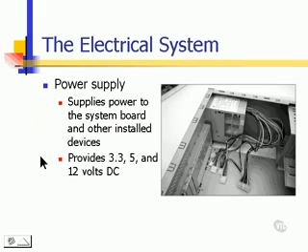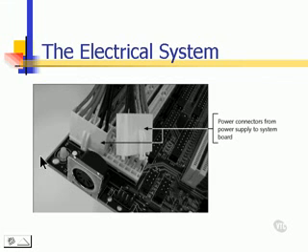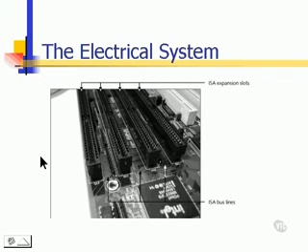Most processors use either 3.3 volts or 5 volts, and most electric motors inside a computer use 12 volts DC. The power supply connects to the motherboard to power all the devices in the motherboard, and then to the expansion slots for expandability power as well.